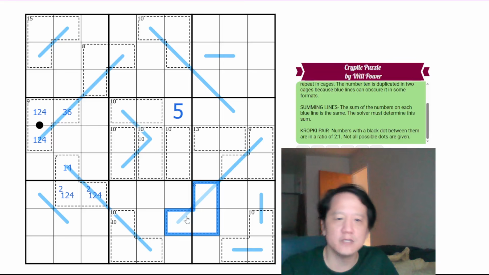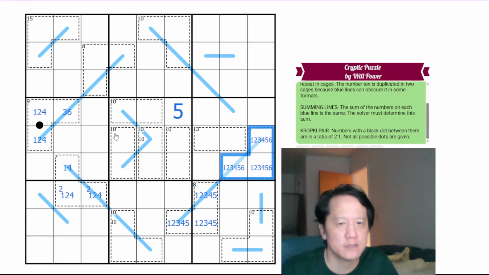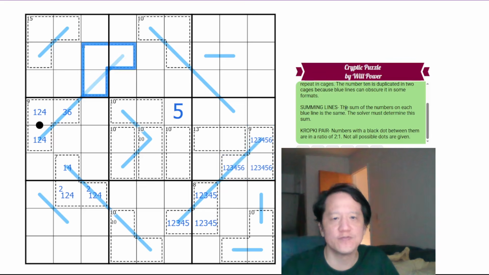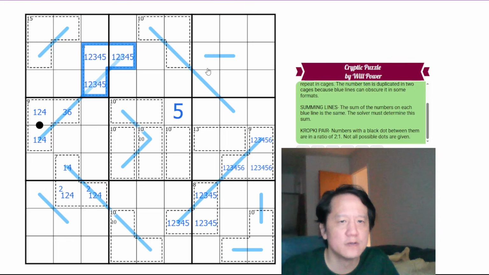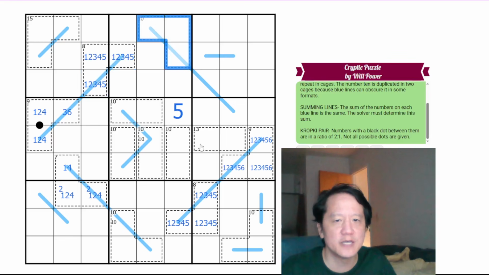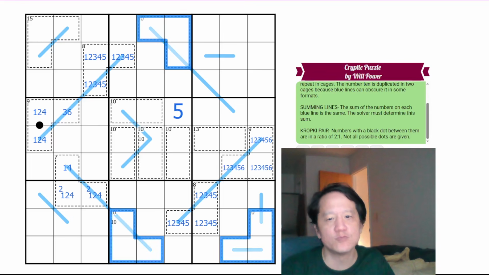To add up to 8, it must be 1, 2, 5 or 1, 3, 4. To add up to 9, it's 1 through 6. To add up to 8 again, it's 1 through 5 here. To add up to 10, it's 1 through 7.